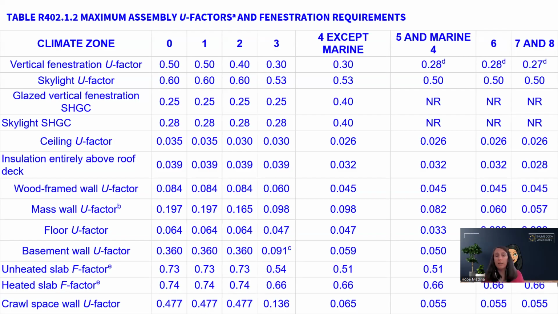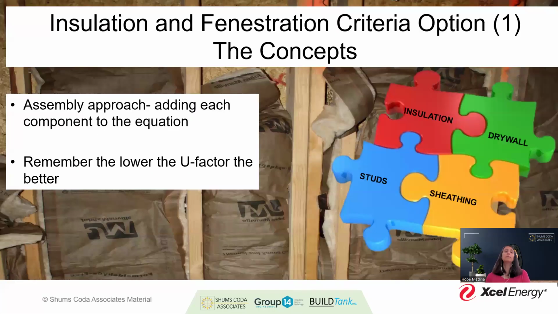And if we went to our neighboring state in New Mexico, a lot of their roof insulation is actually insulation above roof deck. So this was a good addition to the code.